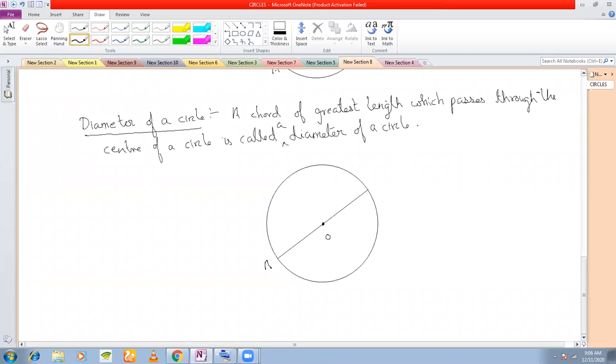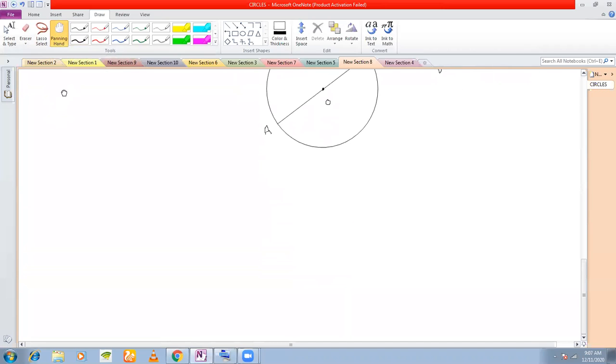So if I say AB here, AB is a diameter of the circle with center O. You can have many diameters, not only one, infinite number of diameters.